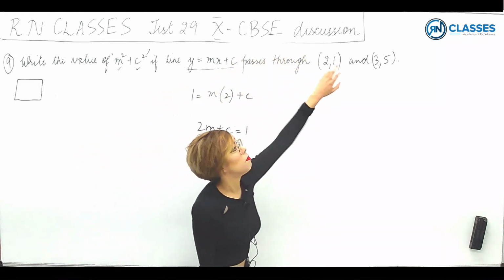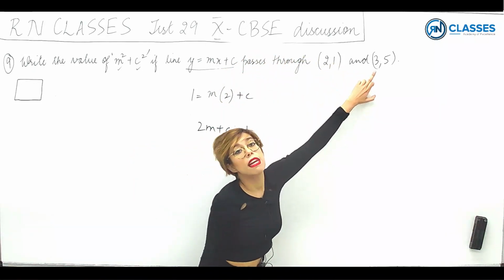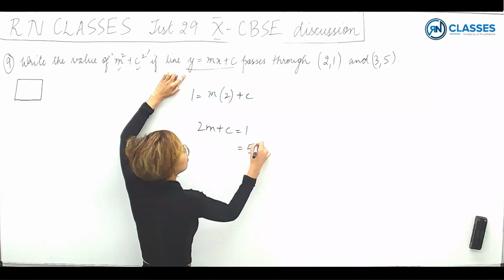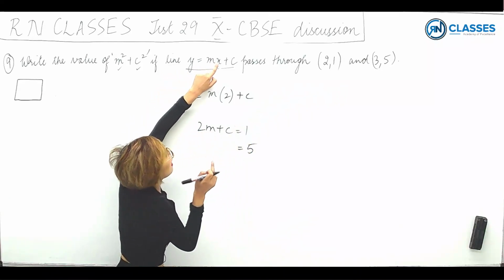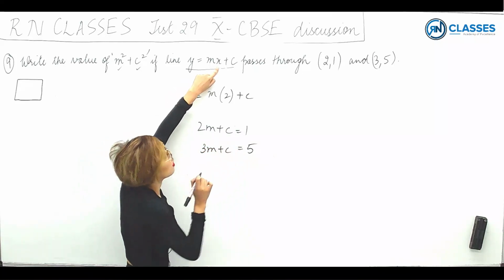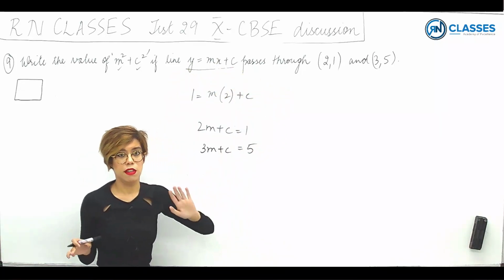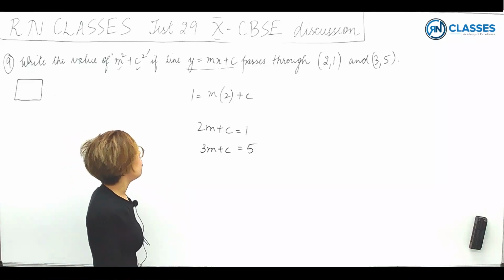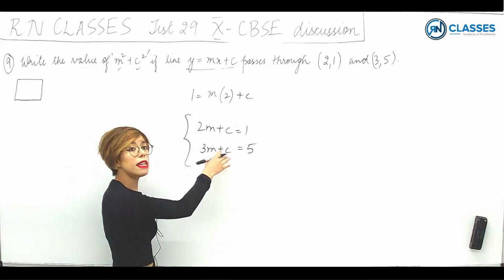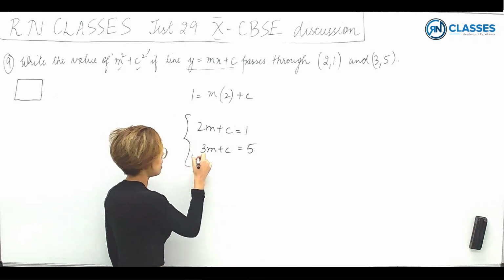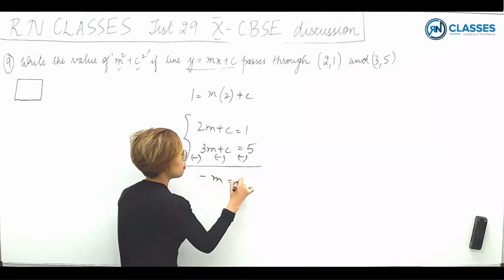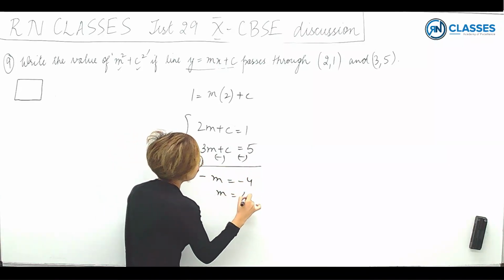Similarly, from the other. Now, I know that 3, 5 will lie on this line. So 3m plus c equal to 5, x replaced by 3, y replaced by 5. I hope you know that. Now I have to find the values of m and c. First, a pair of linear equations. We can eliminate c easily. So subtract. So m minus m turns out to be minus 4, m turns out to be 4.